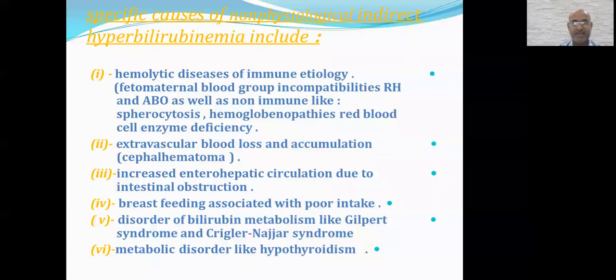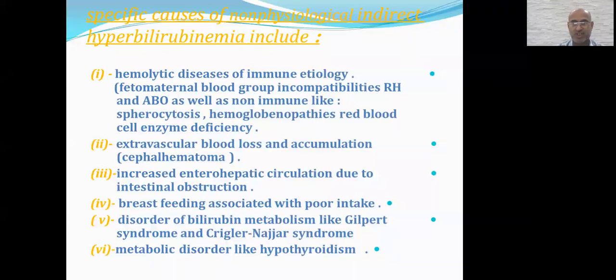After that, in the hepatocyte, and by the presence of glucuronidase enzyme, the indirect bilirubin is converted to direct bilirubin to be excreted in the bile and then through the intestine or urine.